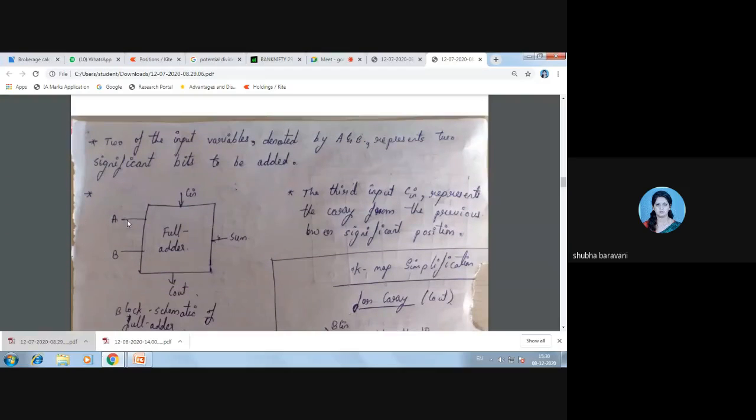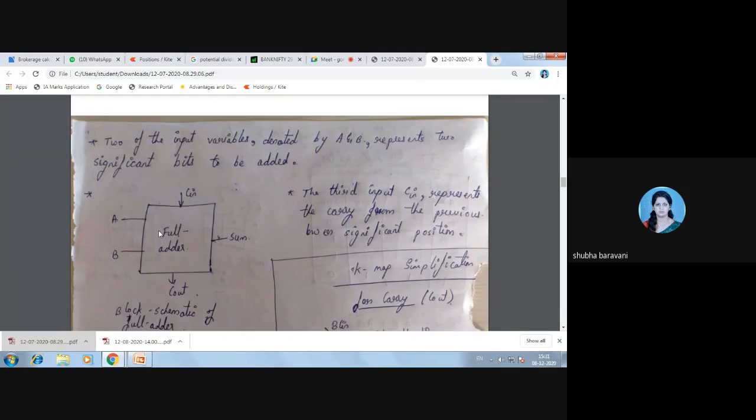As I said, A and B are the significant bits which we need to add. A plus B we do first. C in is called the carry bit. The third input C in represents the carry from the previous lower significant position. If you have a carry from there, that is taken as a third input.